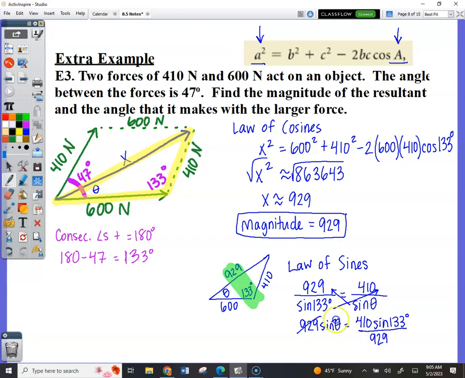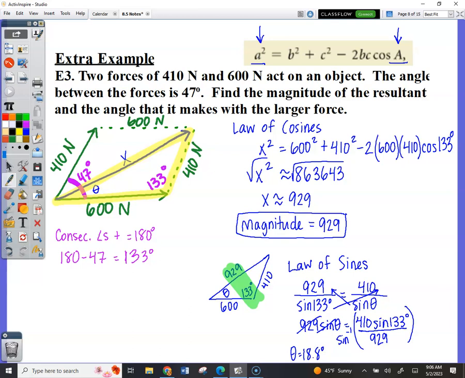And then the sine goes away, and you need to type in your calculator second sine to get the inverse. Sine inverse. I went to the nearest 10. Did you get 18.8 degrees? Okay.